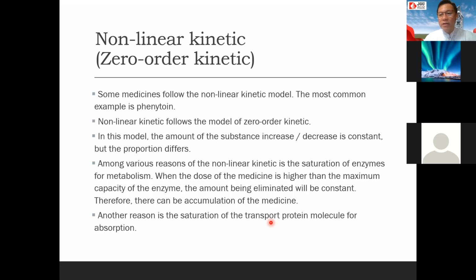Is it the polar or the non-polar? The lipid soluble, yes.